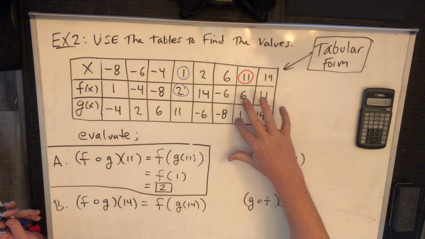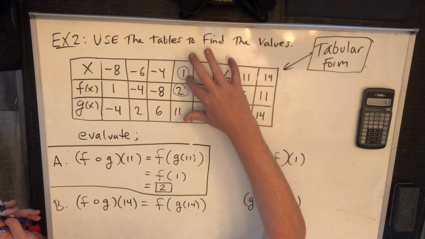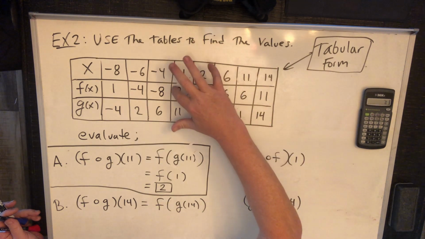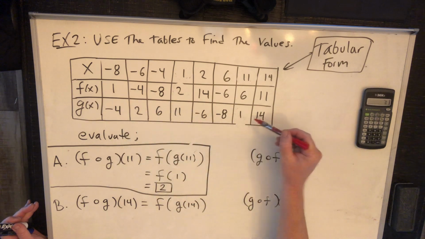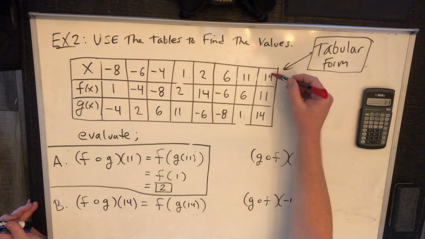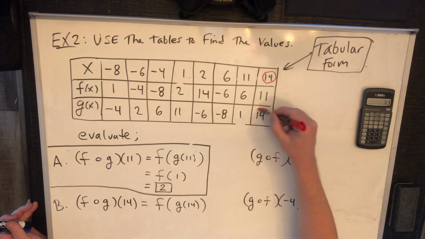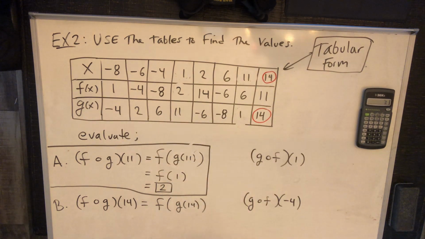I just want to start over again here. So we start with g of 14. The function g at x equals 14. Coincidentally, the x and the g of x are both 14.